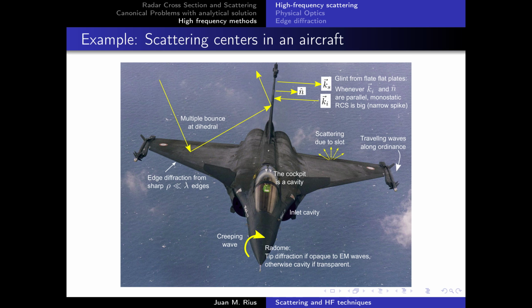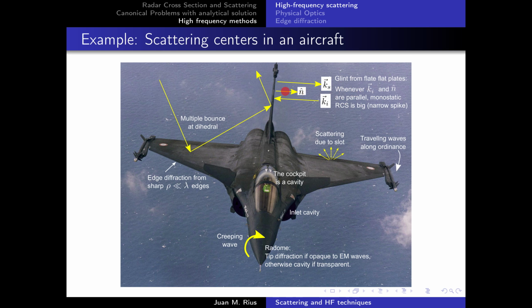If we have a real radar target like this aircraft here in the picture, we can observe that the different geometric parts of the surface produce different scattering phenomena. For example, here is the planar surface of the vertical stabilizer. We have a reflection. This reflection produces a very narrow beam, a very directive pattern, so it's a glint that we can see.